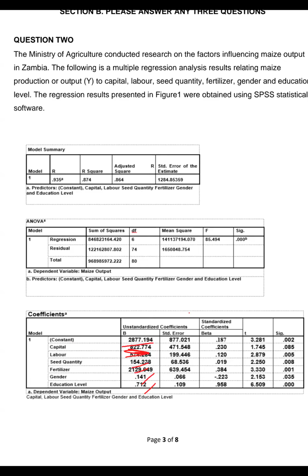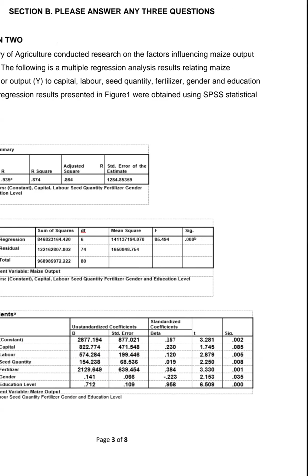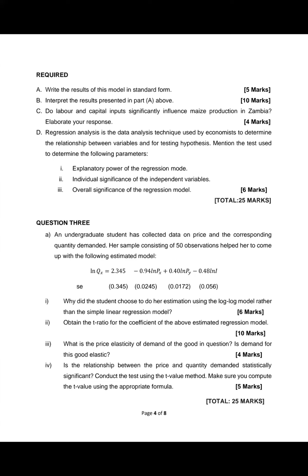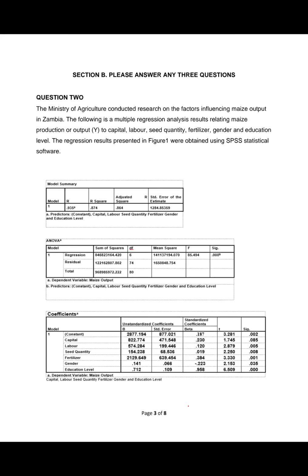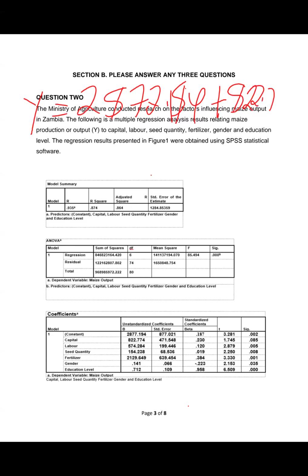Maybe let me see what the question is asking. I've started explaining a lot of things before checking what the question wants. Write the results of this model in standard form. So this is the model. The standard form of this model is Y, your maize output, is equal to, don't write beta naught, you write 2877.194 plus 822.77 x1.